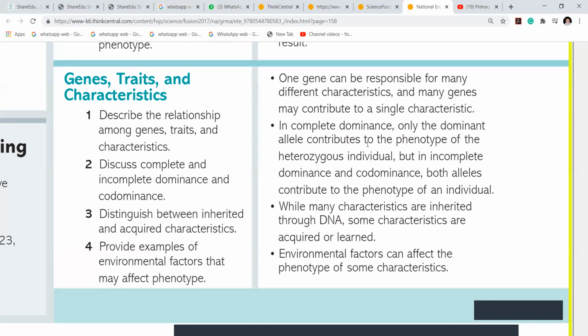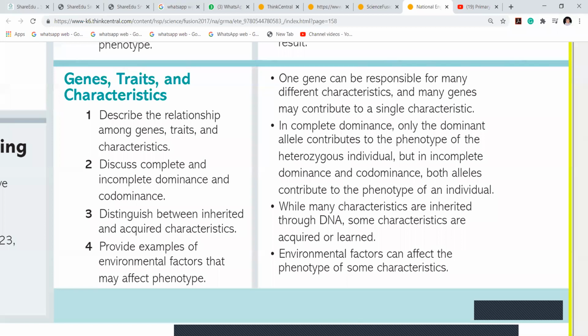So tell me the answer, Vatin. While many characteristics are inherited through DNA, some characteristics are acquired or learned. Lean, can you watch the question and answer both? Mute.